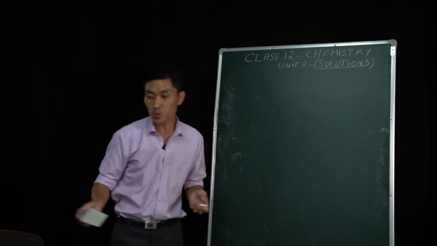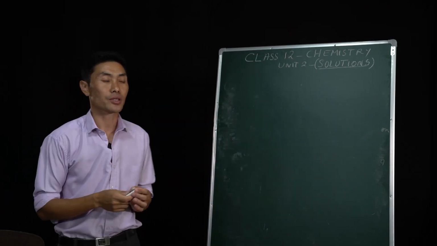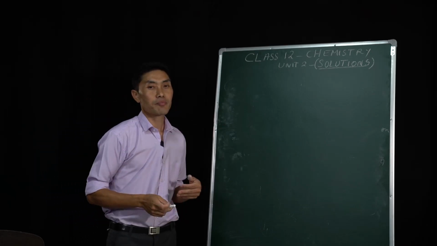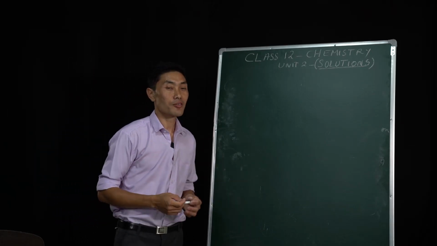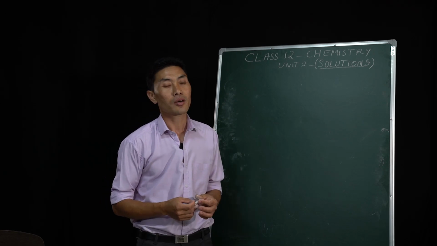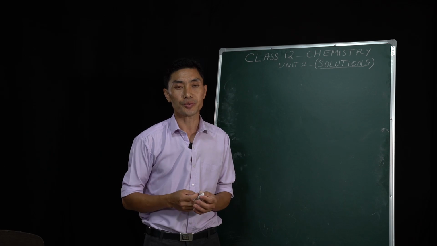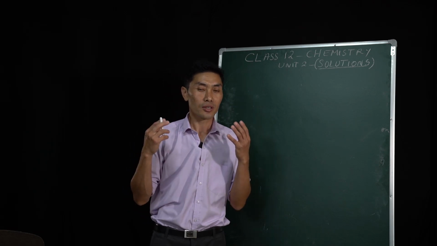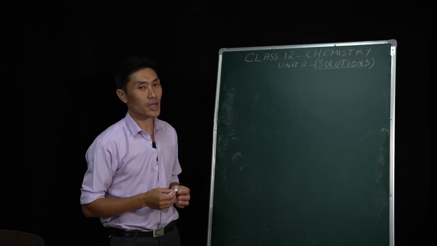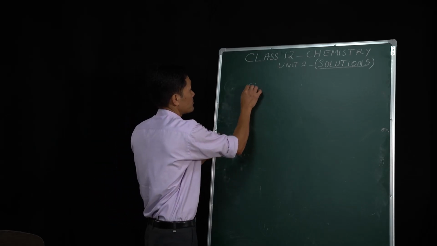Now, there are certain properties of solutions which depend only on the number of molecules of the solute, but are independent of the nature of the solute. Those kinds of properties of solutions are called colligative properties.